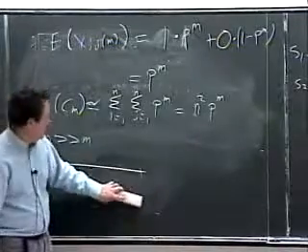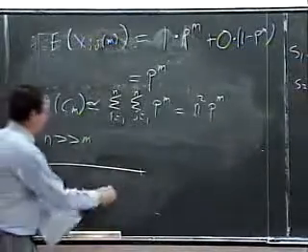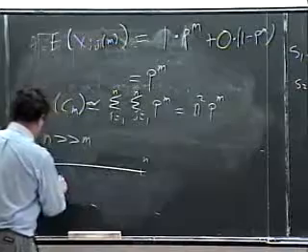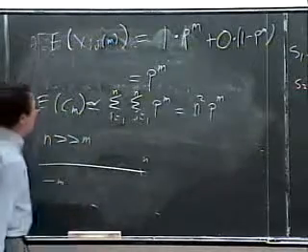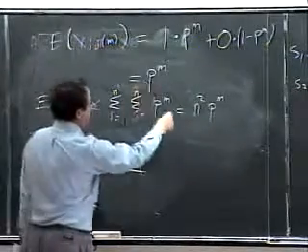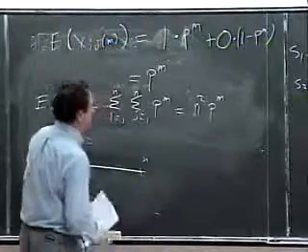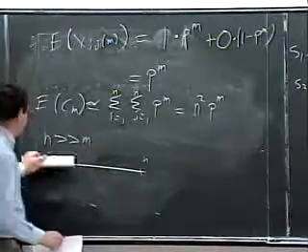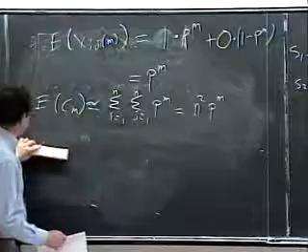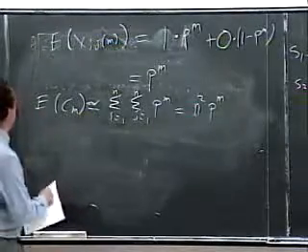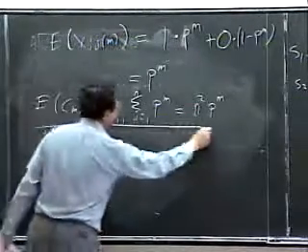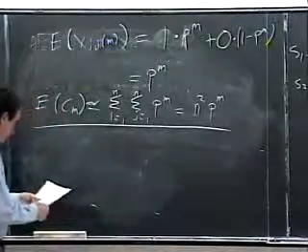But if n is really big compared to m, the exact amount isn't going to be much different. So it's about n squared p to the m. Now we know what the expected value of Cm is.